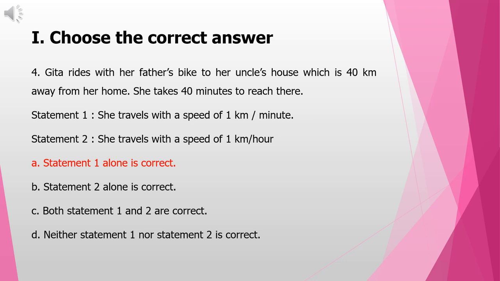Speed is equal to 40 km per 40 minutes. 40 km divided by 40 minutes gives the speed as 1 km per minute. Statement 1. She travels with a speed of 1 km per minute is correct. Hence, option A, statement 1 alone is correct.